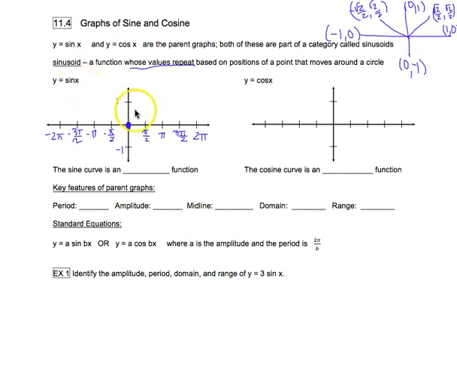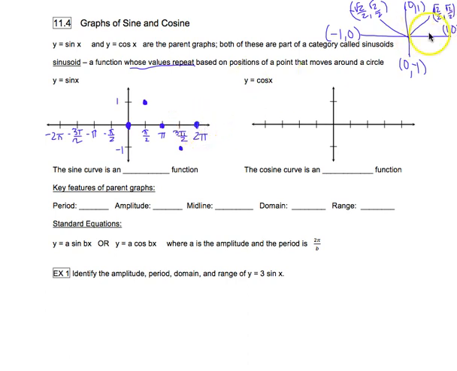When I make my x pi over 2, which is at 90 degrees, the y value there is 1. When I go to pi, the y value is back to 0. At 3 pi over 2, it's negative 1. And then at 2 pi, I'm back to 0 again.